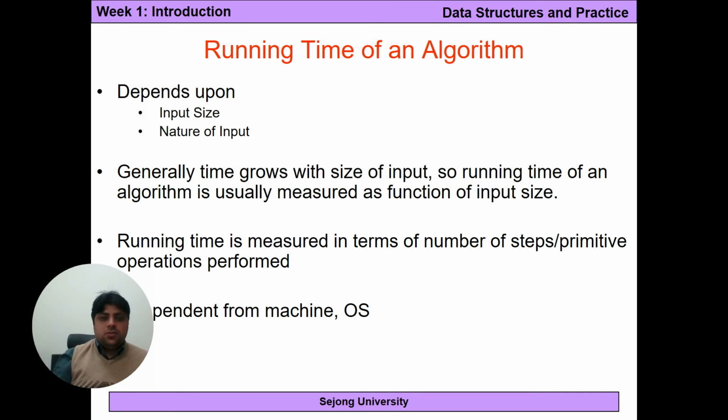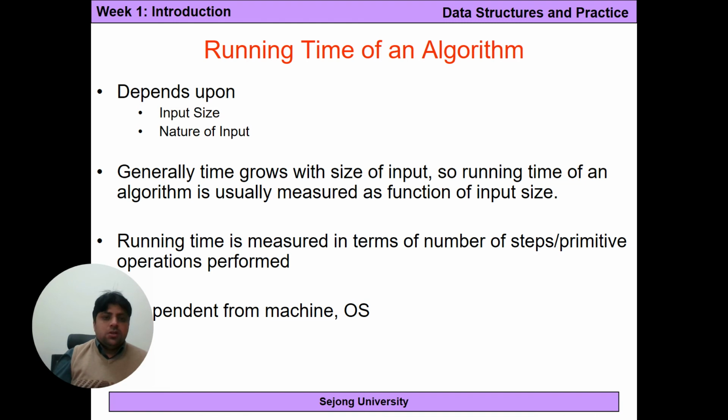Here is the explanation for that. The running time of an algorithm depends on two main things. One is the input size, the other is the nature of the input. Generally, time grows with the size of input. If the input is very large, it would take more time. The running time of an algorithm is usually measured as a function of input size.